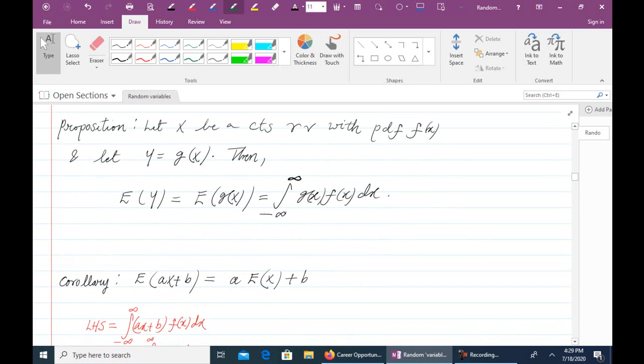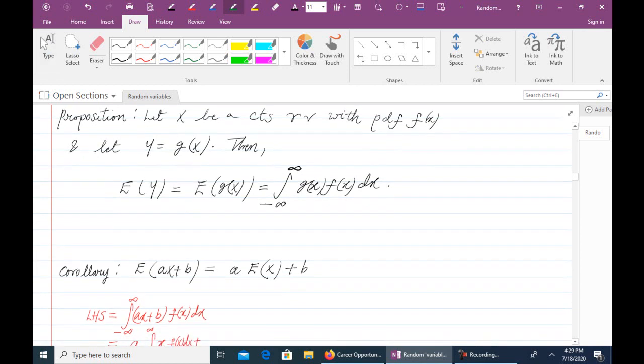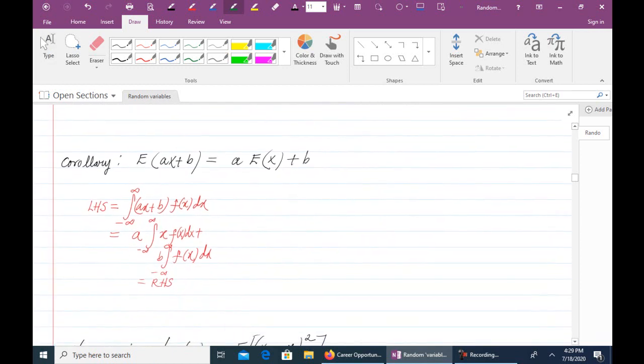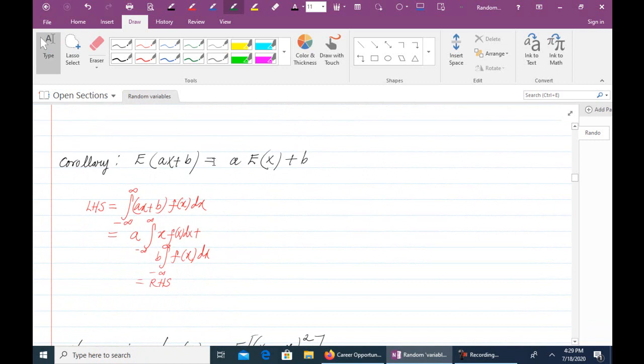As a consequence, the expectation of ax plus b, where a and b are constants, is equal to a times the expected value of x plus b. This follows because, if you look at the left hand side, the expected value of ax plus b would be the integral from negative infinity to infinity of ax plus b times f of x dx, and then we can break up this integral into two integrals.